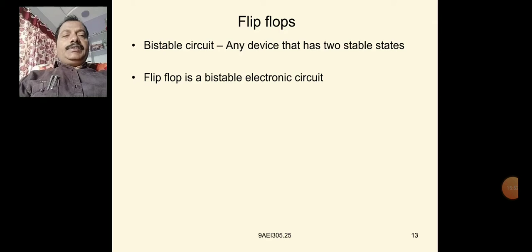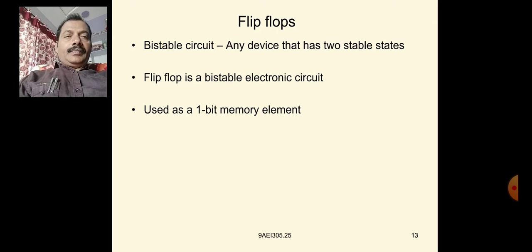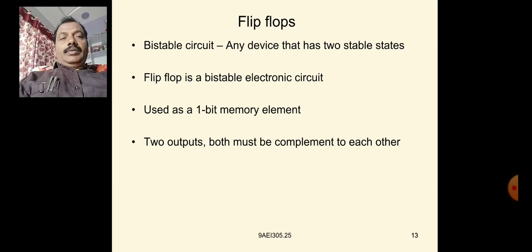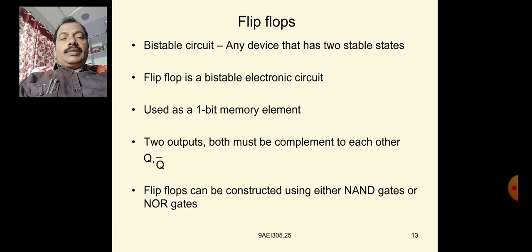A flip-flop is a bistable electronic circuit used as a 1-bit memory element. It can store 1-bit binary information. It has two outputs, Q and Q bar, which must be complementary to each other. Flip-flops can be constructed using either NAND gates or NOR gates.